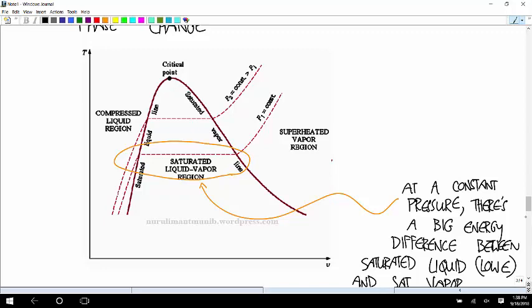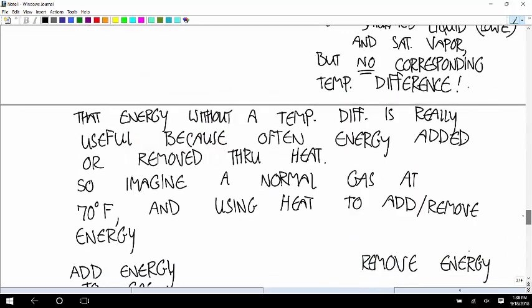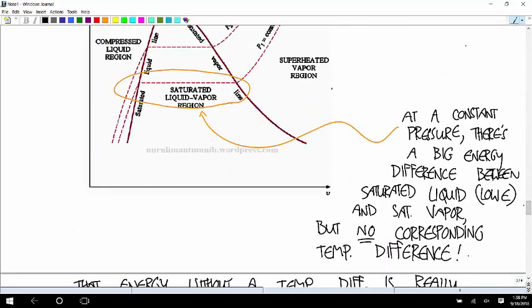Gas has a lot more internal energy per kilogram, or per mass, than liquid does, even at the same temperature. By the way, sorry, this is a little messy, but go over here to where I circled that amount of energy during the phase change. The amount of energy difference between the saturated liquid and the saturated vapor is called the latent heat.